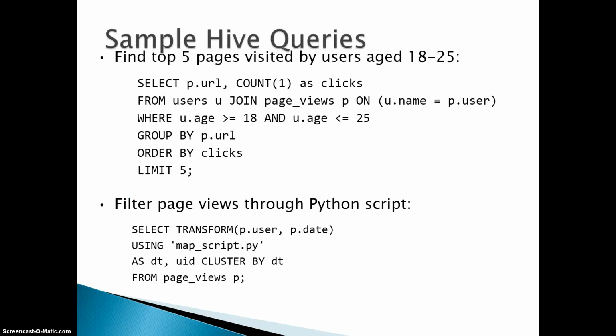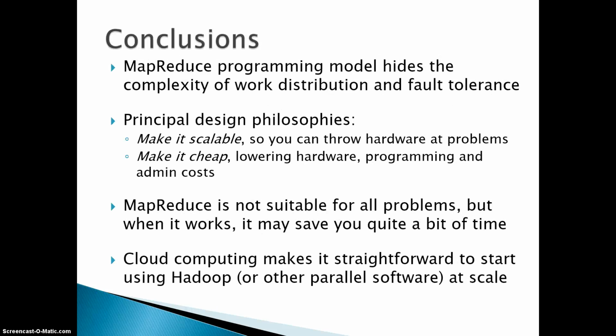Find the top 5 pages visited by users aged 18 to 25. Select p.url, count as clicks from users u join pages p. This is the SQL query. Filtered page views through a Python script. Select transform p.user, p.date using map_script as dt, uid cluster by dt from page_views p.